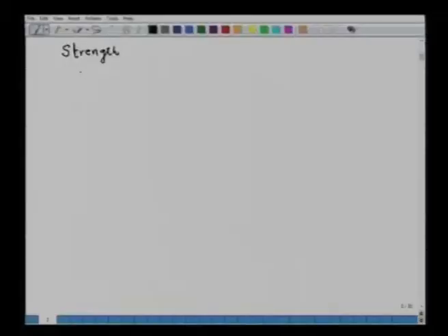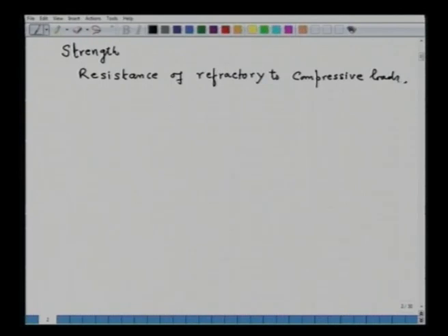That means the resistance of the refractory to compressive loads, tension and shear stresses. Otherwise, the refractory will collapse.